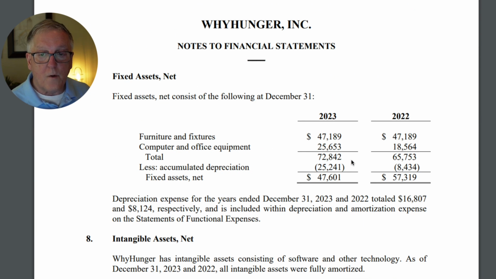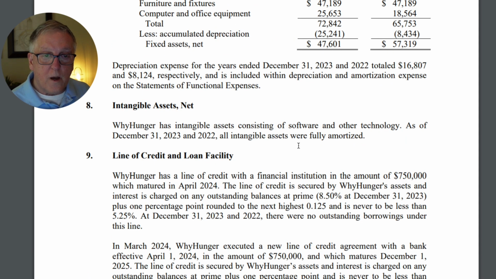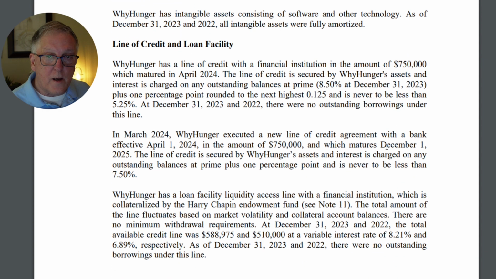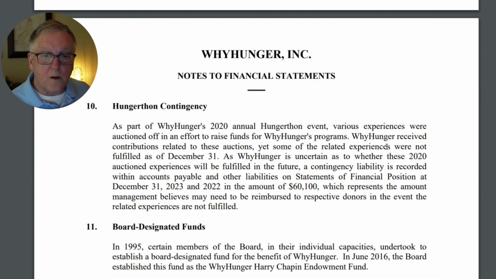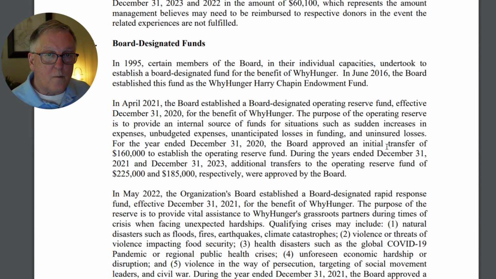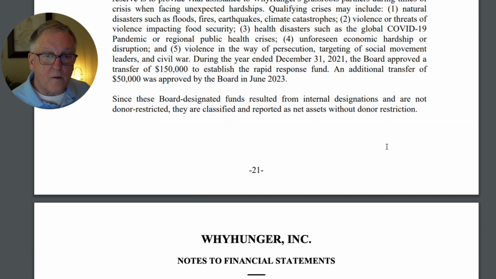So if you want to know what fixed assets they own, you can see that here. Then they talk about the intangible assets being software. And then finally, they're telling us about the line of credit. So if they need to borrow some money, they're disclosing that information. And then they talk about board designated funds, which is quite common in a not-for-profit.